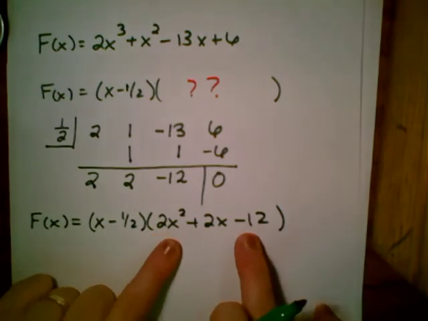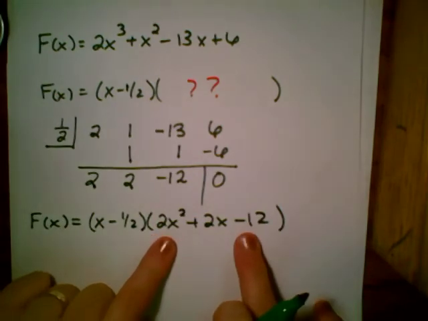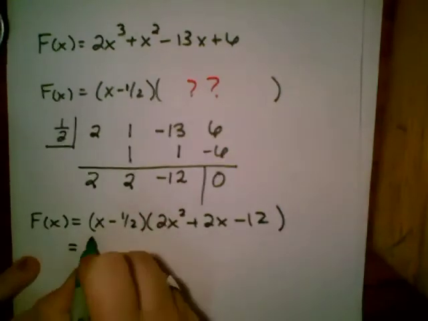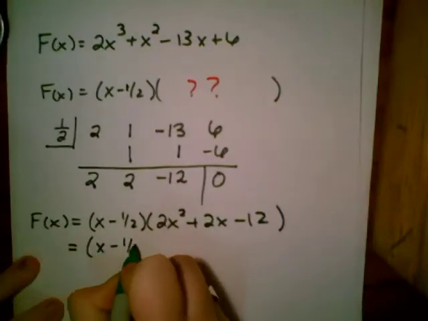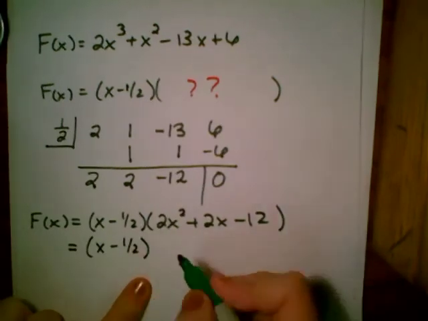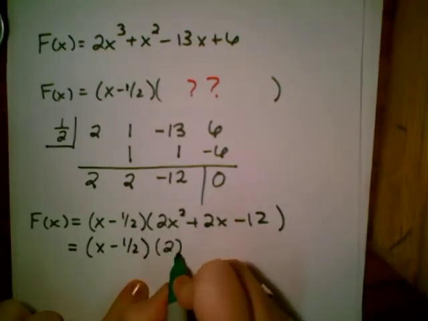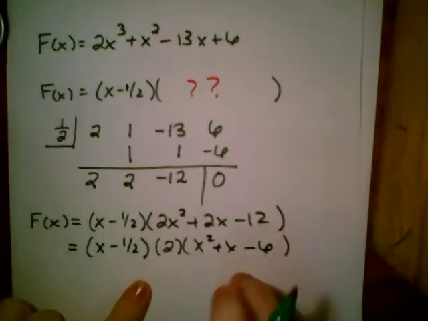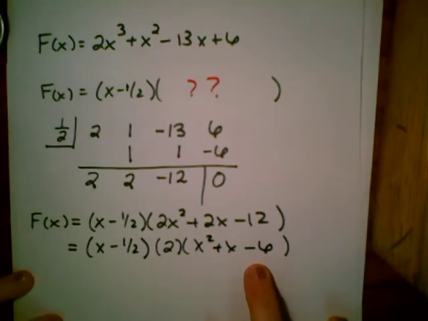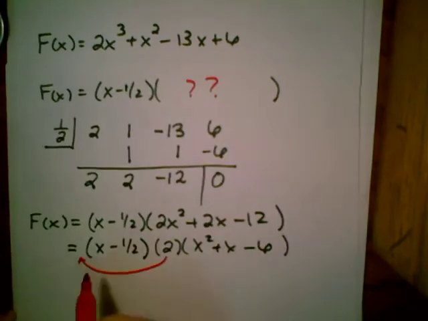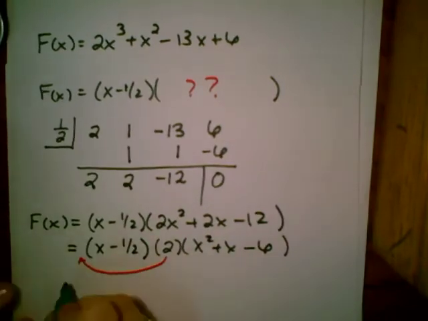Now we'd like to know if that's a prime factor, or if this quadratic might also factor into linear factors. I notice there's this greatest common factor of 2 that I can pull out of the parentheses. And now this quadratic looks familiar. And you know what? I will probably pull this coefficient out front.